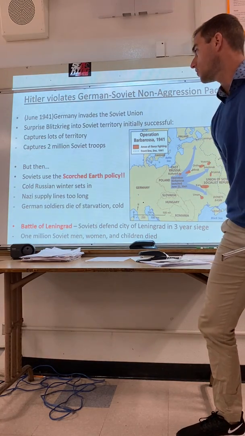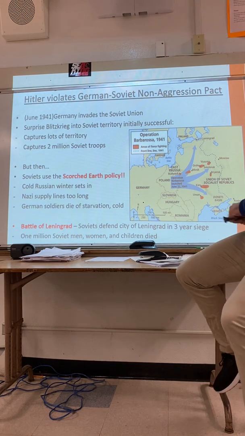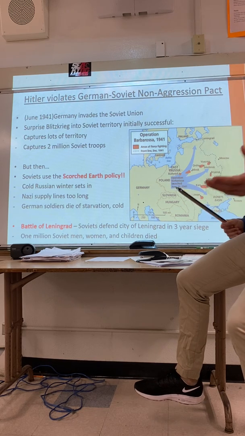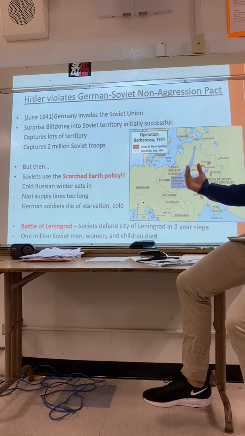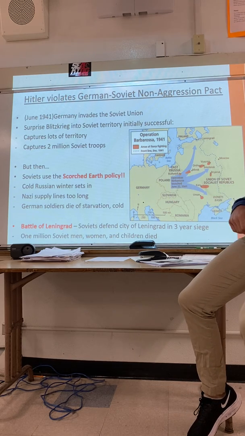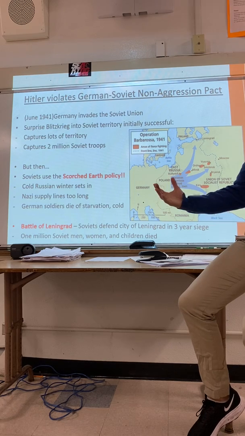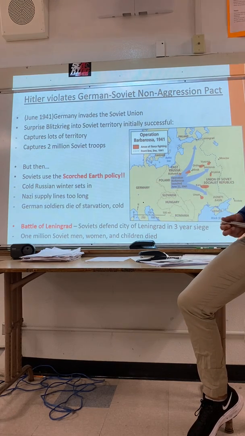It looks like the Soviet Union will not be able to recover from this. And in fact, they're already moving on one of the capitals of the Soviet Union, Leningrad, formerly St. Petersburg. This is a devastating surprise attack launched on the Soviet Union by the Nazis. And of course, the Soviet Union isn't ready for it because they have a non-aggression pact. They said they're not going to attack each other.